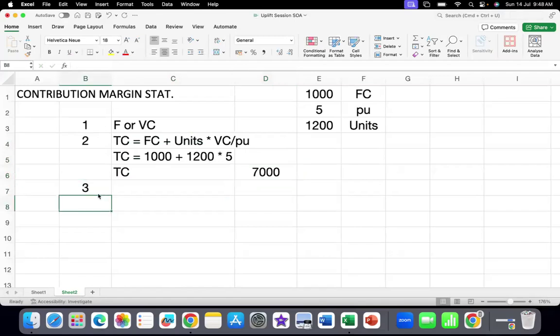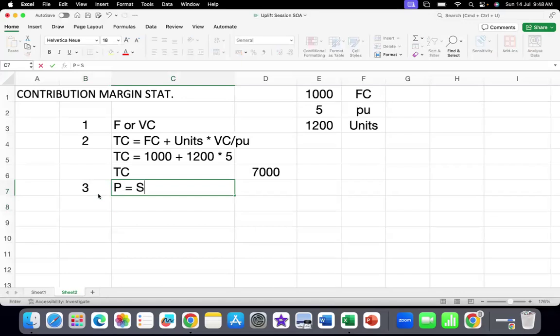The third assumption which we had is that the production is always equal to sales. So whatever you produce, you sell. If you have produced 1200 units, you're selling all the units. In practical life, this assumption is not accurate.